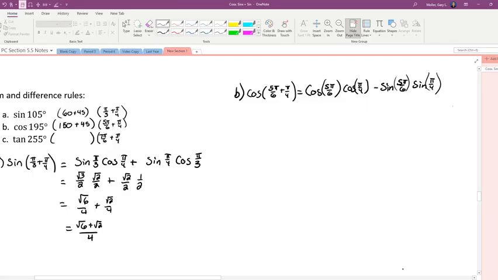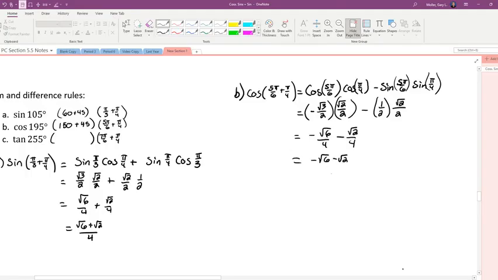All right, so now we just need to figure those out. The cosine of 5 pi over 6 is going to be a negative number, root 3 over 2, and the cosine of pi over 4 is root 2 over 2. Sine of 5 pi over 6 is positive, and that's just going to be a half, and root 2 over 2. And so I get negative root 6 over 4 minus root 2 over 4, negative root 6 minus root 2 over 4.